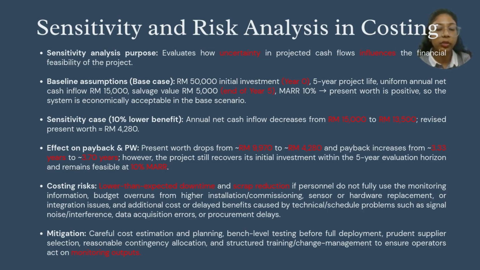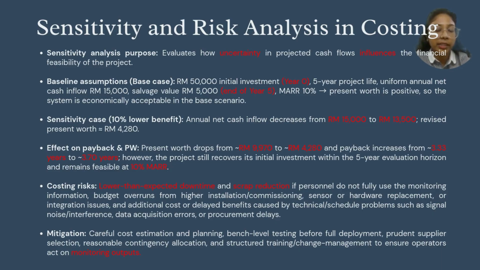Costing risk is lower than the expected downtime and scrap reduction. If personnel do not fully use the monitoring information, there may be budget overruns from higher installation or commissioning costs, sensor or hardware replacement, or integration issues. Additionally, costs or delayed benefits can arise from technical or schedule problems such as signal noise interference, data acquisition errors, or procurement delays.